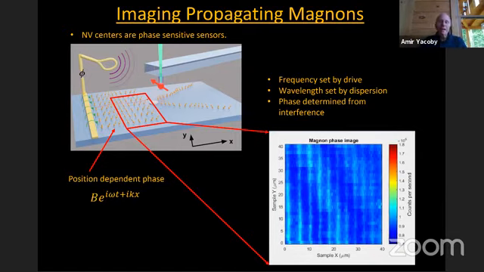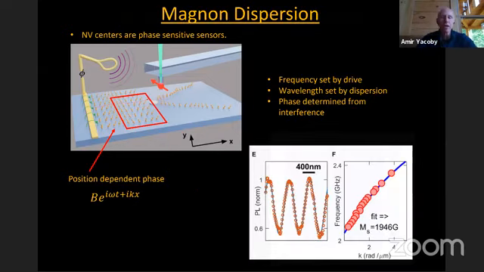I want to emphasize these are not standing waves, they're propagating magnons, and we can pick up the wavefronts of these propagating magnons by locking onto a particular phase, this IKX. Once we can see these magnons in real space, we can immediately extract their dispersion, because we can just change the drive frequency and see what the wavelength is.